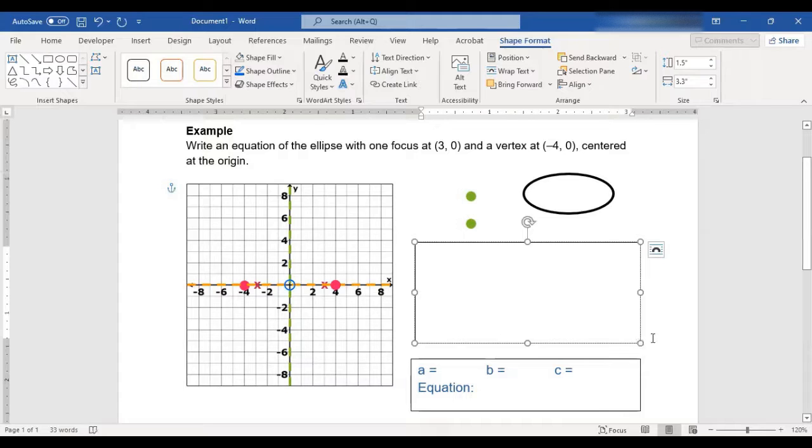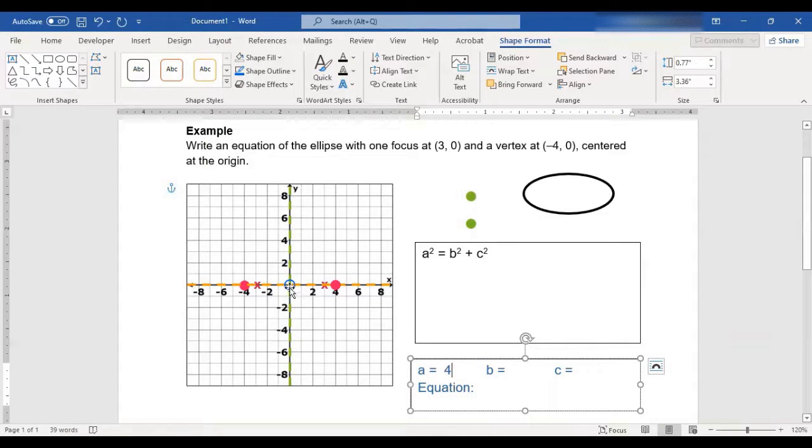So for an ellipse, remember that the largest distance is a. So that means we're going to have a squared is b squared plus c squared. So that's our formula we're going to use to help us figure out that minor axis. a is the distance from the center to a vertex. So in this case, a is going to be 4.